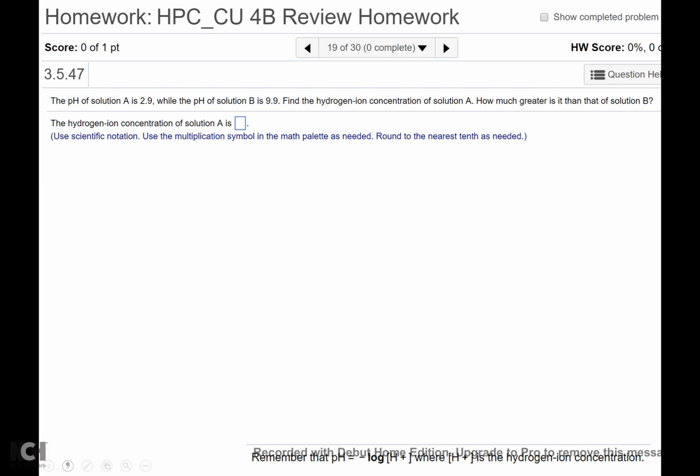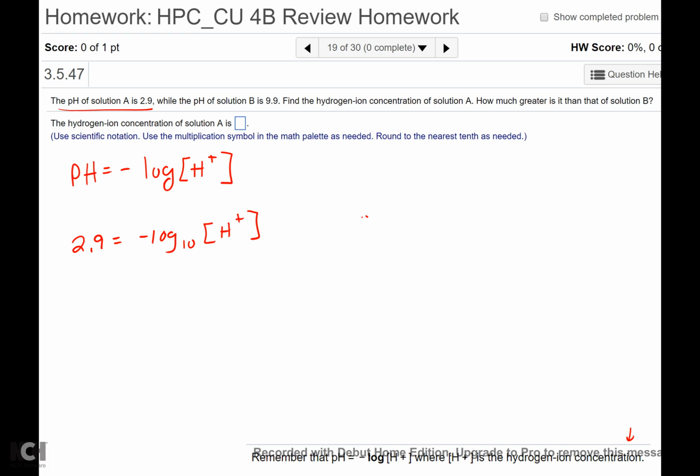Alright, the pH of solution A is 2.9, while the pH of solution B is 9.9. Okay, and I put my little hint down here. Remember that your pH is equal to the negative log of the hydrogen ion concentration. So it says the pH of solution A is 2.9. So 2.9 equals negative log base 10 of the hydrogen ion concentration.